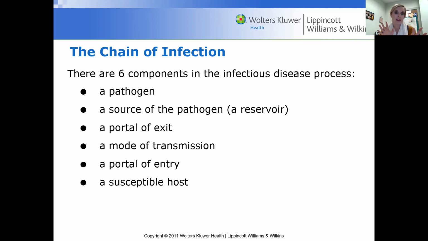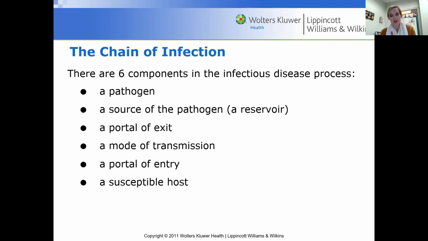It's not on you. But the mode of transmission, if they go and touch you, or again, it could be an indirect transmission where they go and touch something else and you touch behind them. Whatever it may be, that's the mode of transmission, meaning it's transmitted from the host or the infected person to the new host. And then the portal of entry is then how it gets into the new host. How does it enter into that person's body?